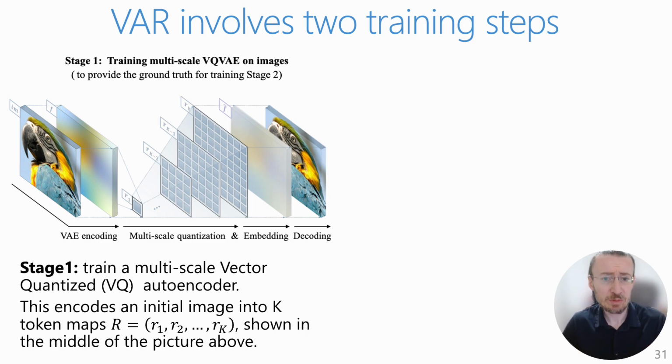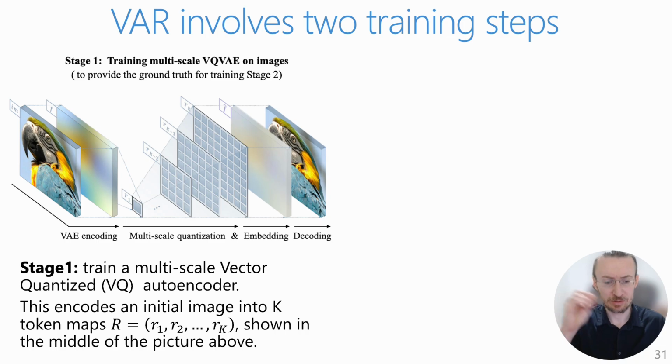So we take the initial image, encode it, then the encoded image is turned into scales, or all these resolutions, with many tokens per scale. Then the scales are unified into an embedding, and then we do the decoding. I will explain step by step in detail in the next few slides how we perform this stage 1 of training the multi-scale vector quantized autoencoder.